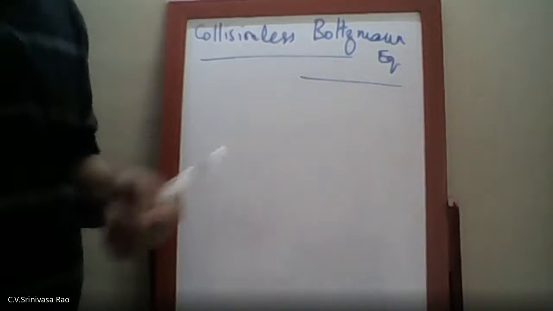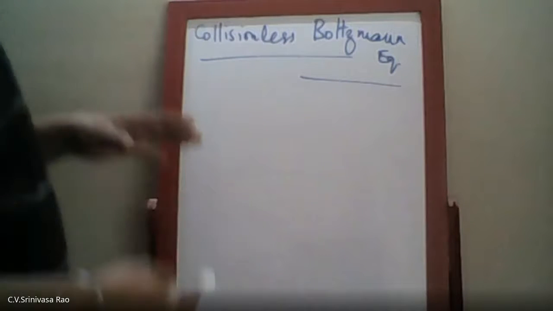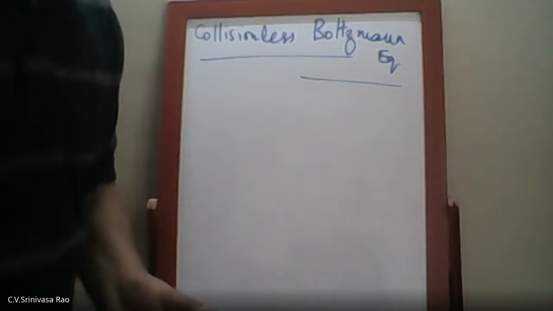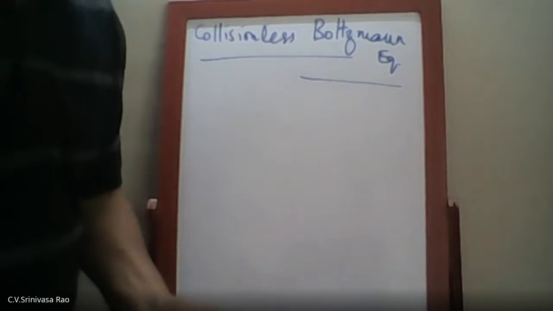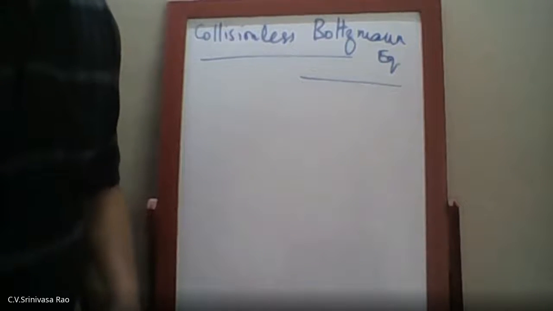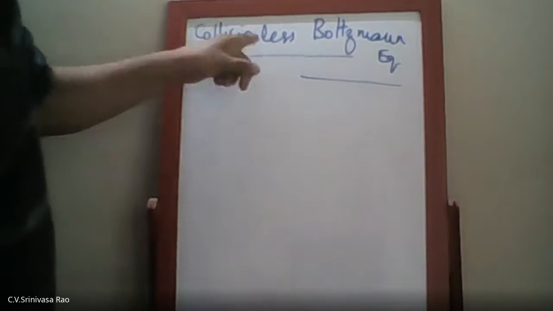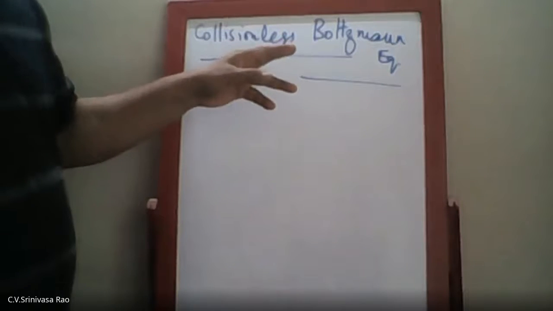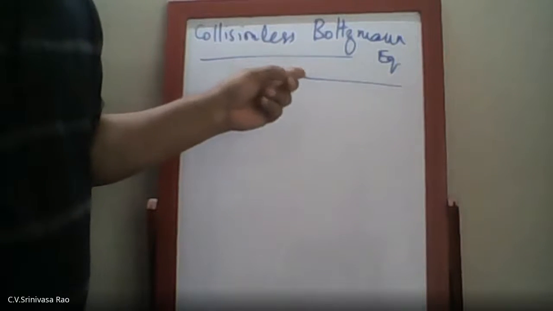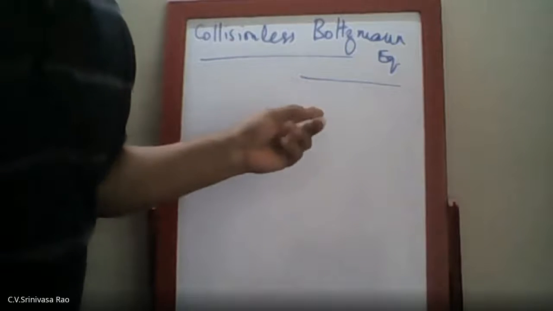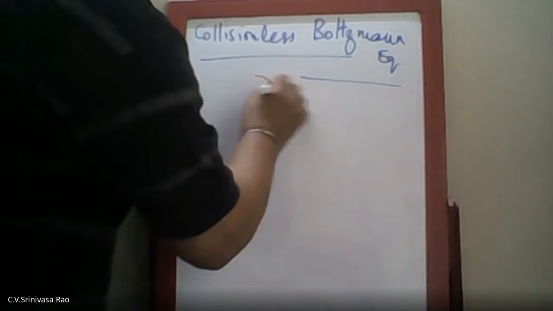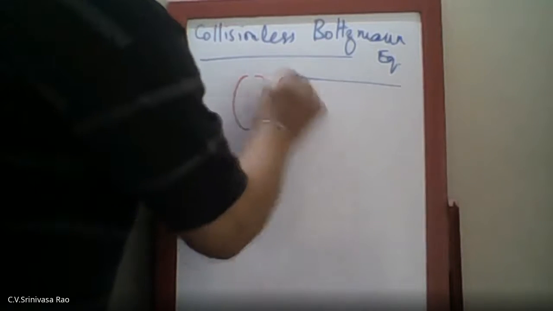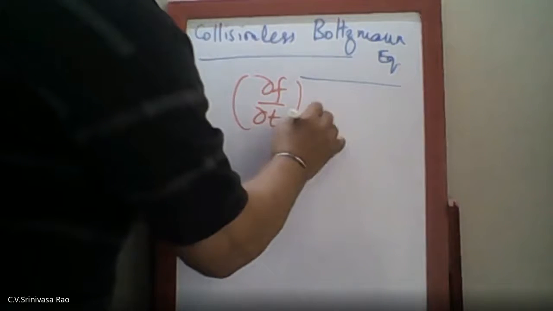The way it is different is that somehow, very approximately, collisions have been put into the Vlasov equation. So in that sense, they are different from the collisionless Boltzmann's equation. Collisionless Boltzmann equation means there is no term which has df by dt of collisions.